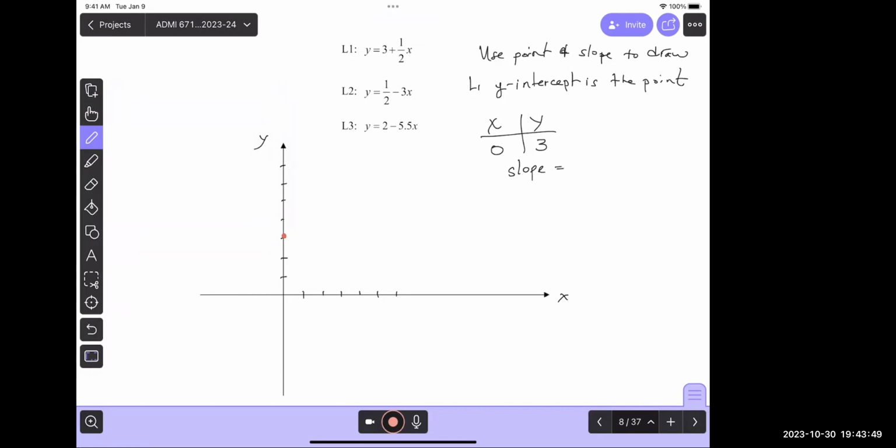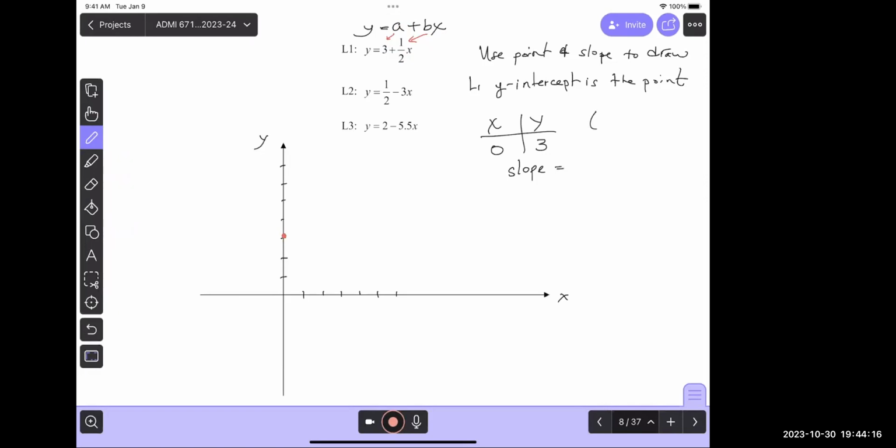So what we have here is the formula for the line a plus bx. So this a is the intercept, and the value in front of the x is the slope. So let me go back a step.